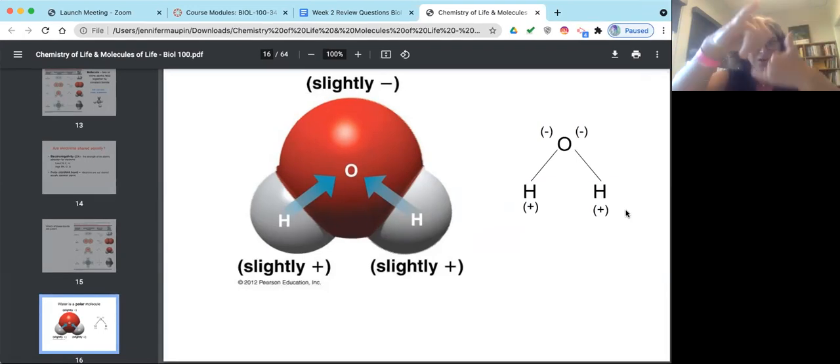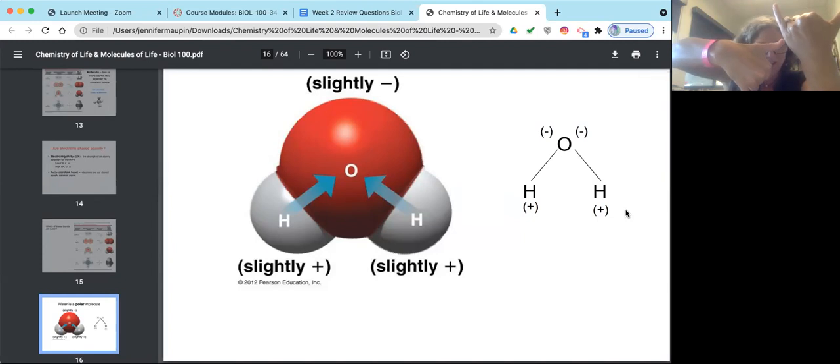which is why when you get water moving around with other water, it's going to be attracted to other water molecules. It's going to pause in that position where a hydrogen from one molecule is next to an oxygen from the other molecule. And it's just going to be held together that way until it breaks. They do form and unform.